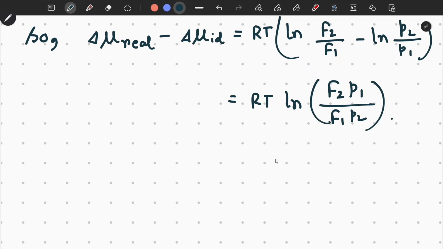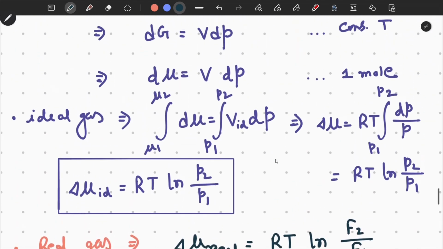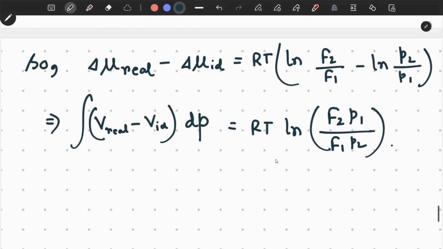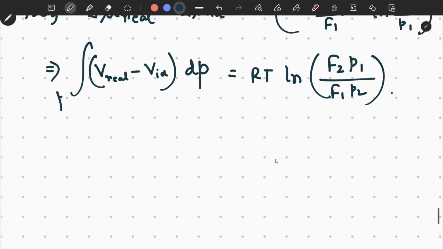This is the change, and it equals the integral of V real minus V ideal into dP. If you remember, we had done this from here. This is the general definition, changing from P1 to P2.